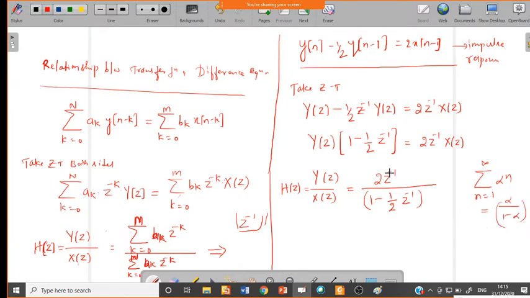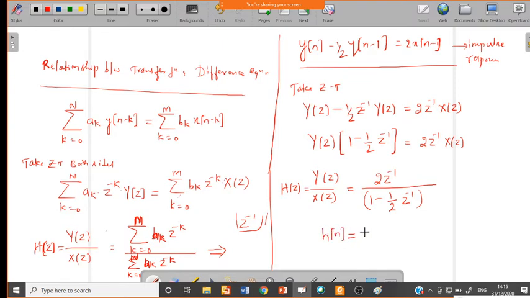Now we have 1 minus half into z power minus 1. You have to express the alpha in terms of half into z power minus 1, so that we are able to express this. So now write this one. Taking the inverse z transform, you will get h of n.